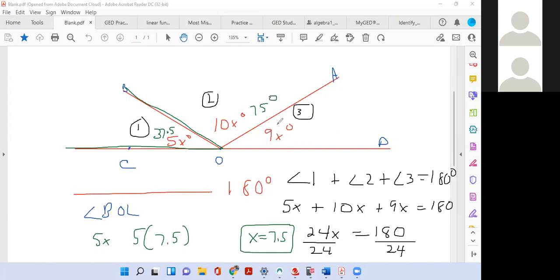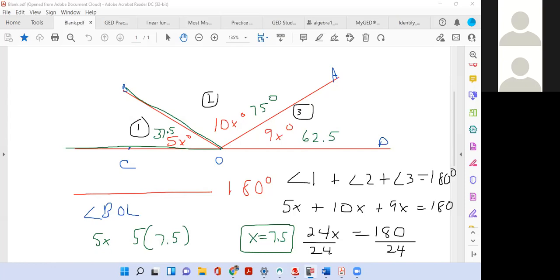And then the last angle, which is 9x, which is 9 times 7.5, which is what? Just minus 7.5, so 62.5. No, that's off. See how you make a mistake? See how everybody makes a mistake.